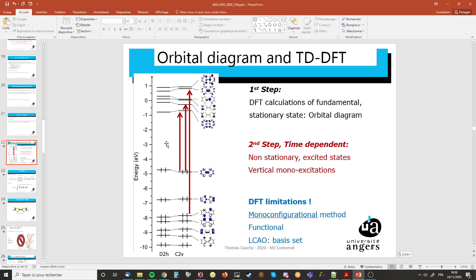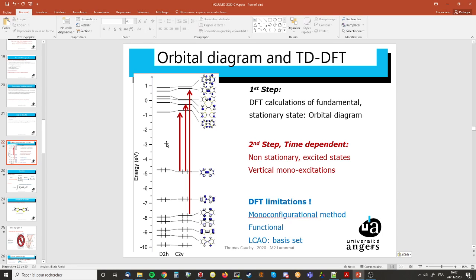So when you move an electron, even if in TDDFT you have vertical monoexcitations, that means that you have one electron that is moving at most, okay, and the atoms do not move. That does not mean that the other electrons will stay identical.